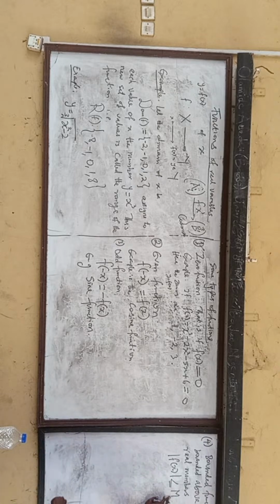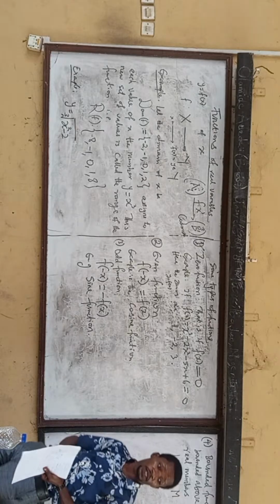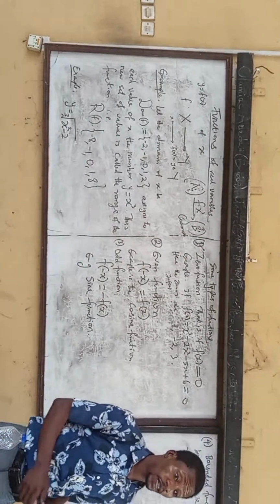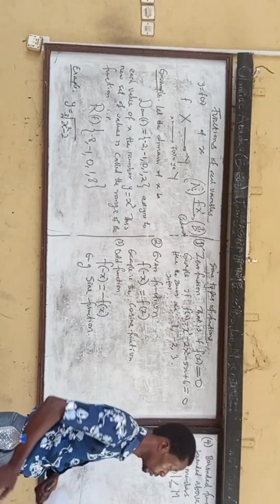So what do we call these numbers M and N? They are real numbers. They are upper bounds and lower bounds.